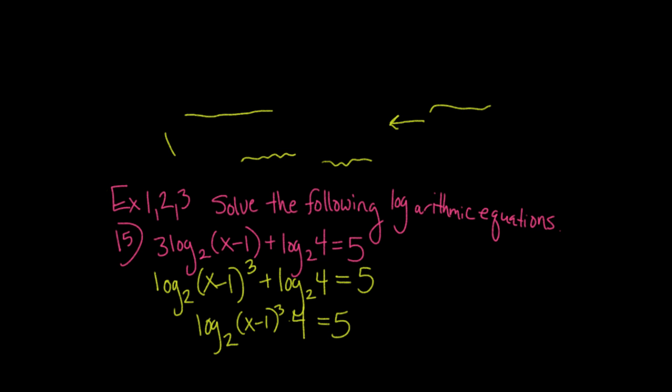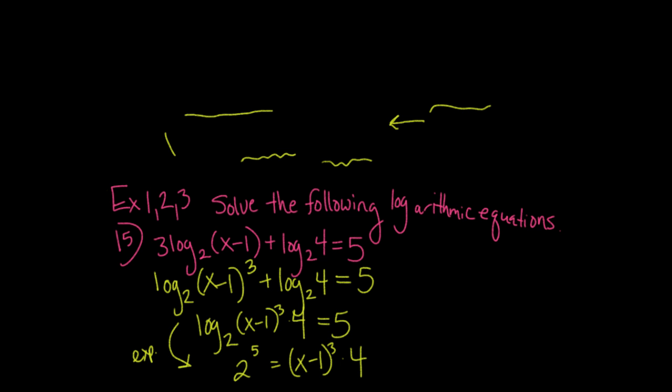Okay, so now with that we have to basically free up the x. If you free up the x, you can rewrite in exponential form. So we're going to go from logarithmic form to exponential form. So it's 2 to the 5th is equal to x minus 1 cubed times 4.